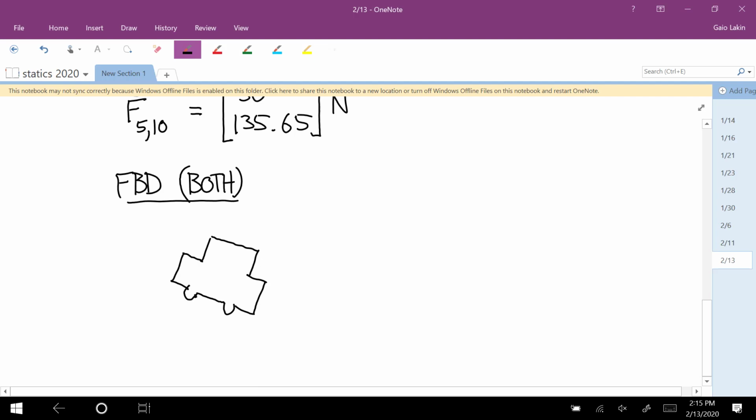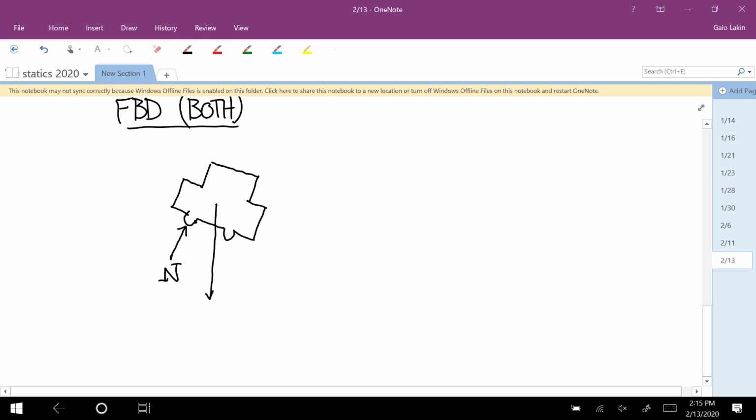Okay, so there's the body. We have a normal force. We have a weight force. And those are not parallel or perpendicular. The two together are 15 kilograms, so 15 times 9.81 is 147.15.